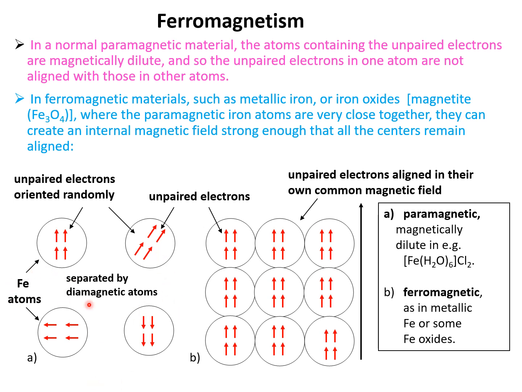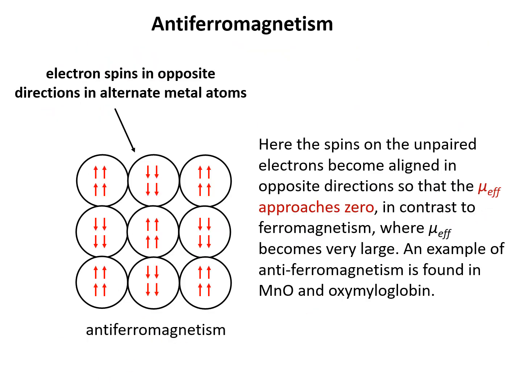In the case of Fe, this aqua complex is paramagnetic, whereas the other one is ferromagnetic. In both paramagnetic and ferromagnetic cases you have unpaired electrons, but here the unpaired electrons are oriented randomly, whereas here the unpaired electrons are aligned in their own common magnetic field.